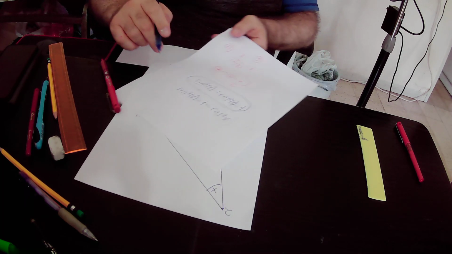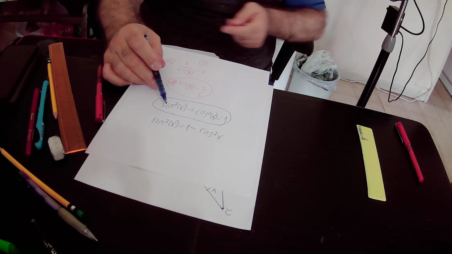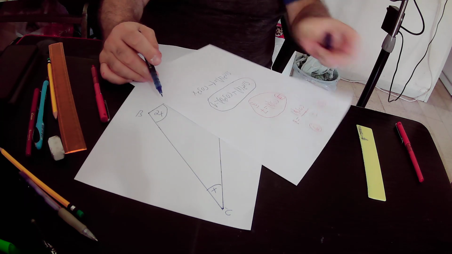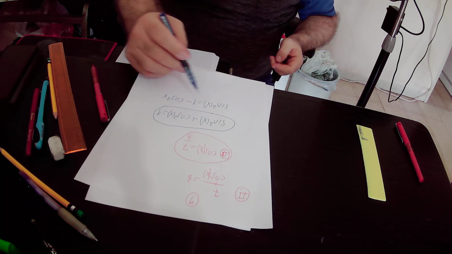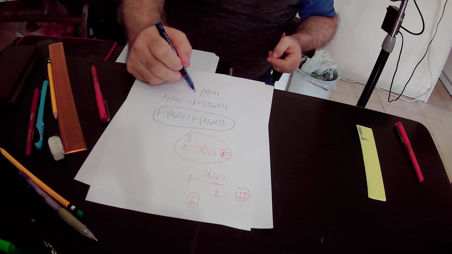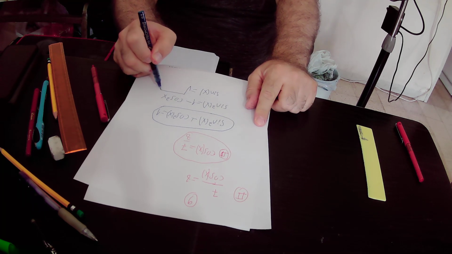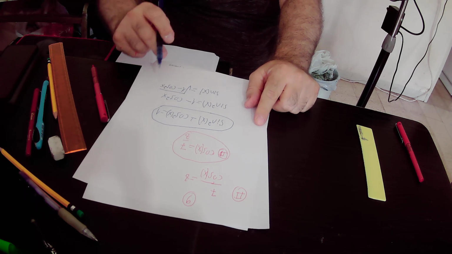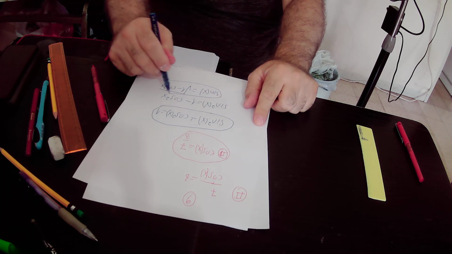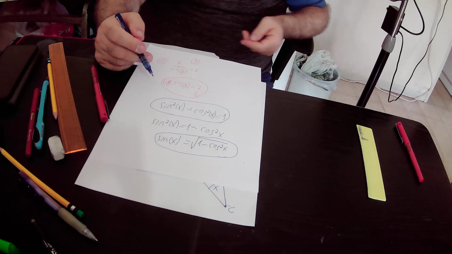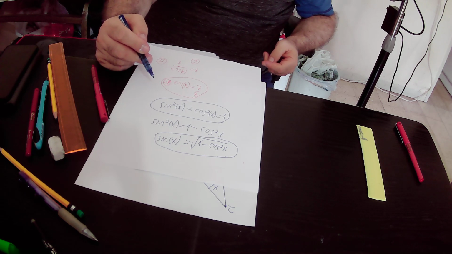So here we will take a root out of this equality in order to find out the value of sine x. So we will get that sine x equals the root of 1 minus cosine square x.